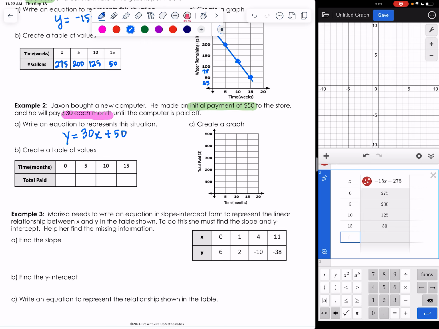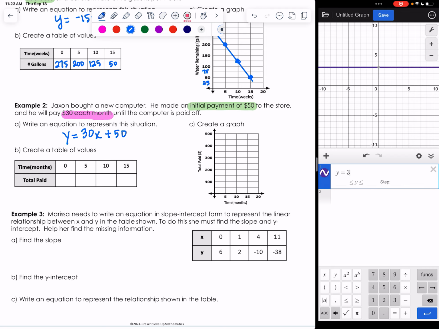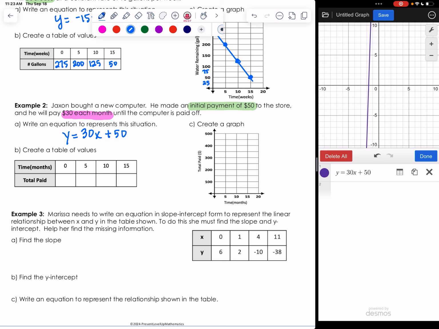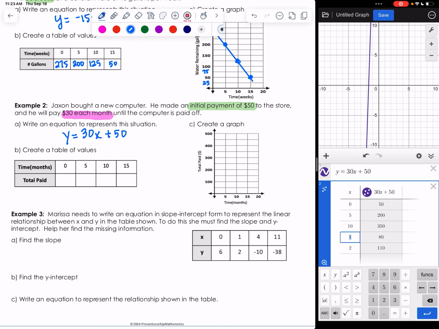So I'm going to come over here, and I'm going to X these out, and I'm going to put in our new equation, y equals 30x plus 50. Now, I'm going to hit the gear button because I want to make another table for this. And I'll change these numbers to 0, 5, 10, and 15.